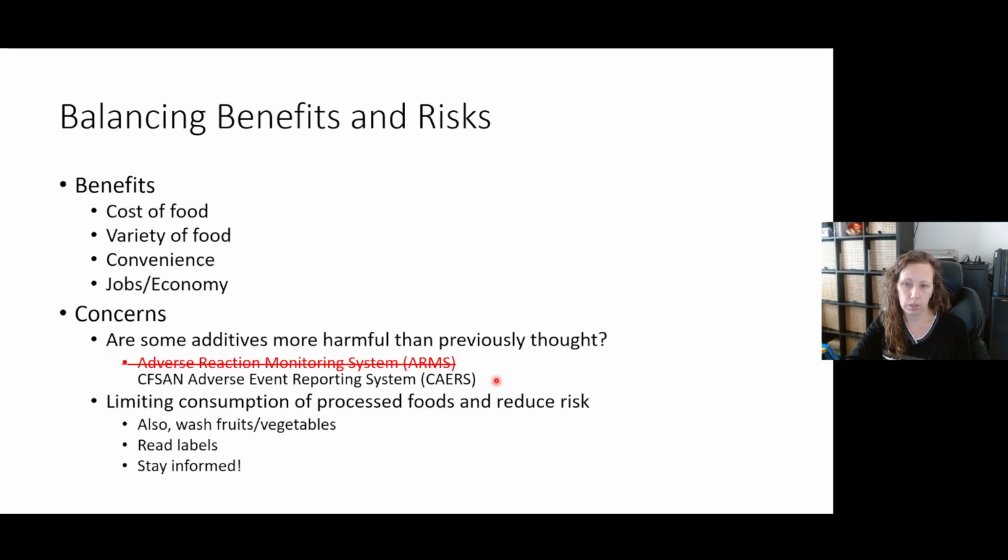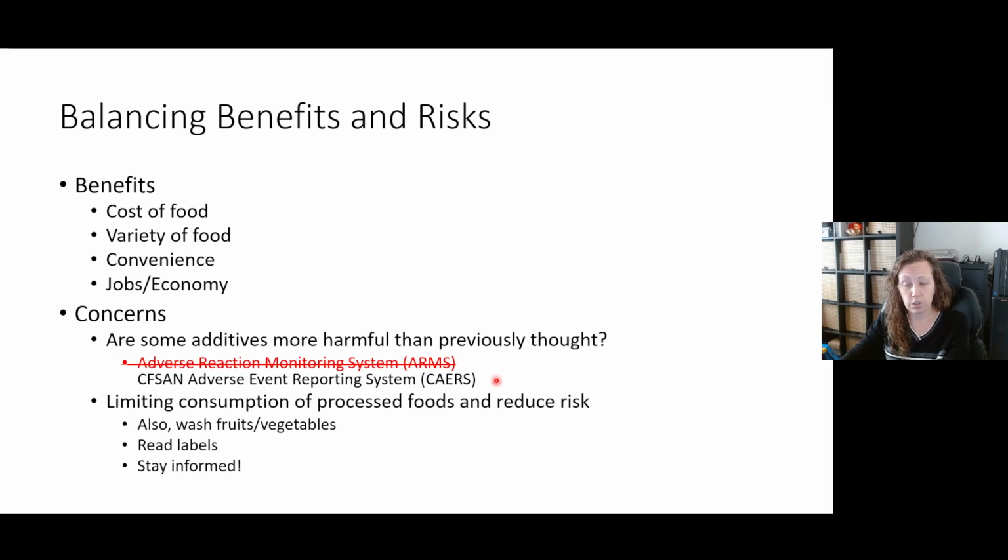Ultimately, the responsibility for consuming safe foods is at all parts of the food production and consumption chain, right? The FDA approves the use of these additives after the manufacturer gives them evidence that it's safe.